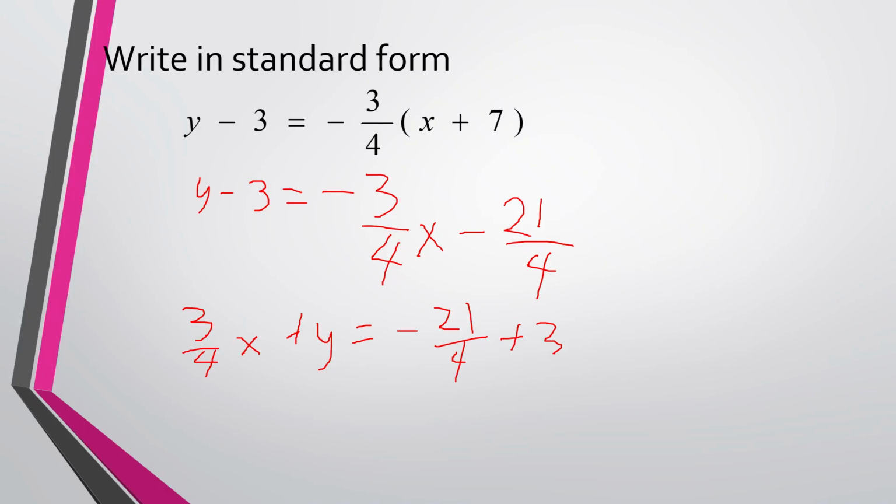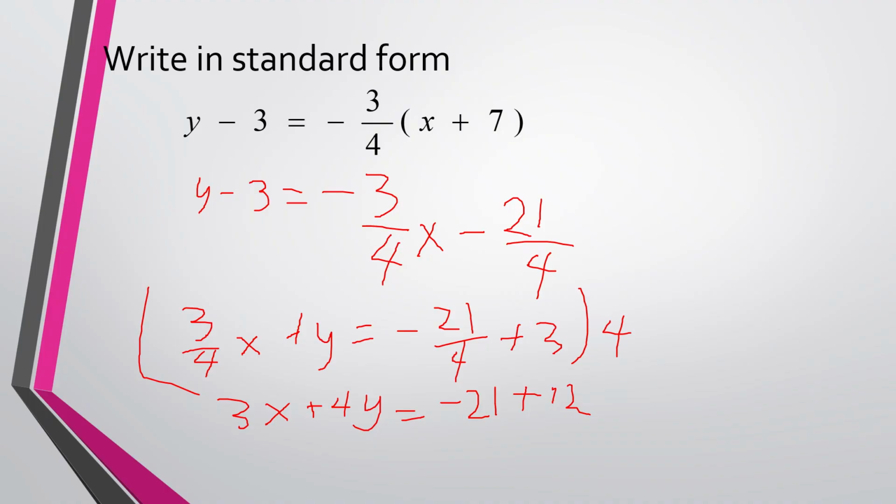Now look at this. They have both sides with 4. Okay, so we multiply this by 4. Okay, so 4 divided by 4 is 1. So that will become 3x plus 4y. Okay, but naging 4y. 4 times y, that's 4y equals 4 divided by 4, that's 1. So that will become 21 plus 12.